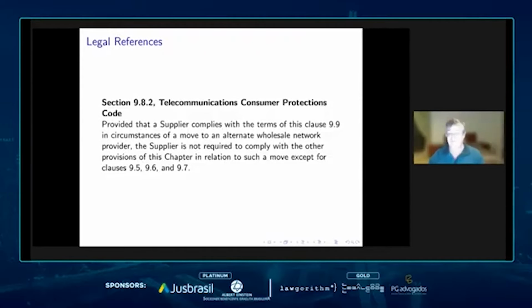And when I look here, I have no idea whatsoever what the content of 9.9, 9.5, 9.6, and 9.7 is. Now, I also have a more interesting case.